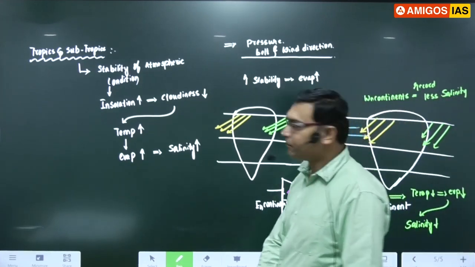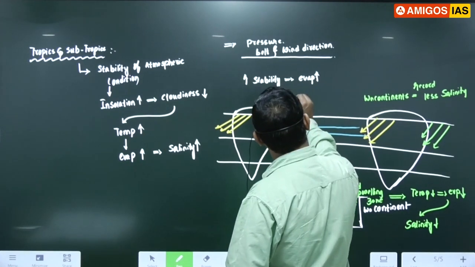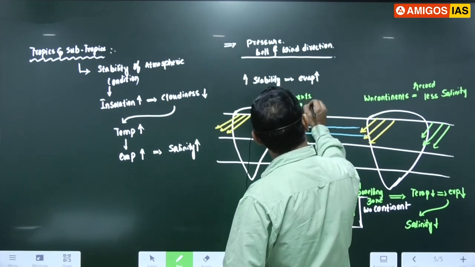Agree? Eastern continents record more salinity.